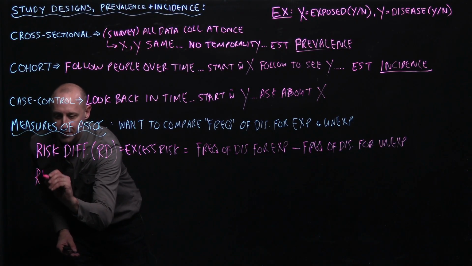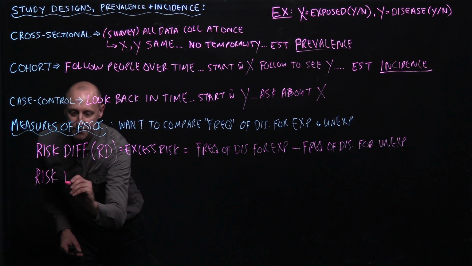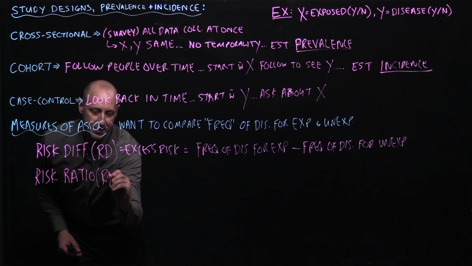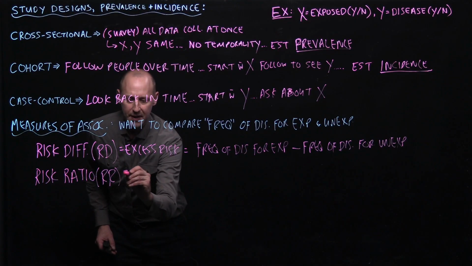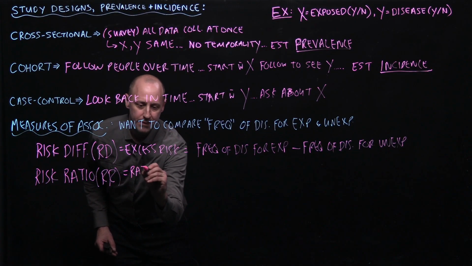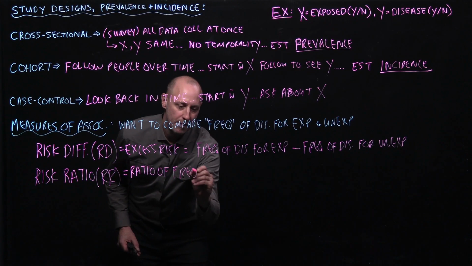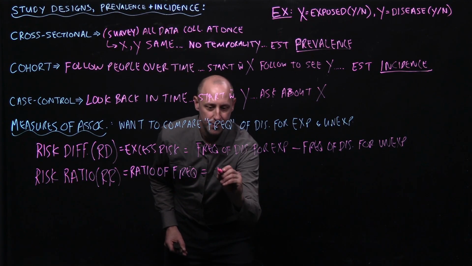And we can also think of comparing these two, but rather than taking the difference, taking their ratio. We'll abbreviate this RR, the risk ratio. And again, this is a ratio of the frequency of disease. So let's write that out here.